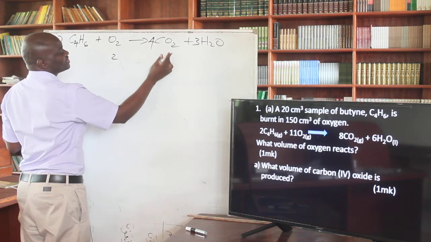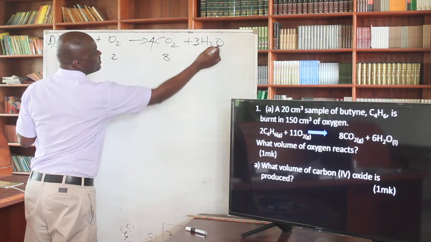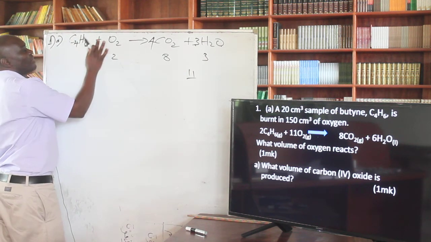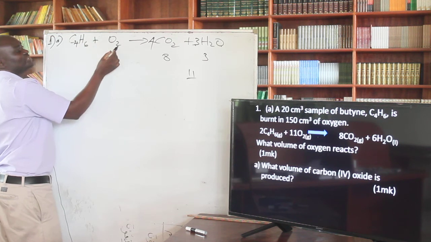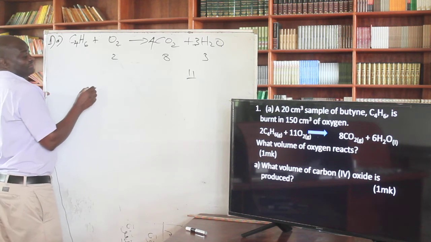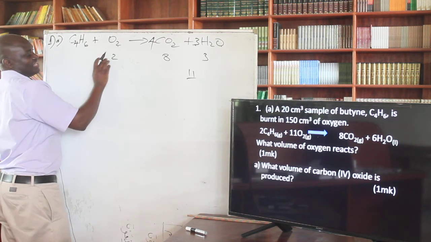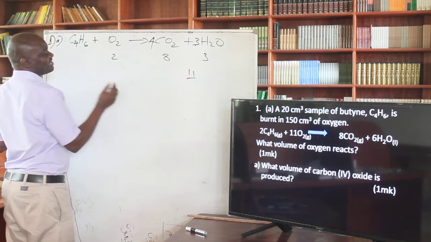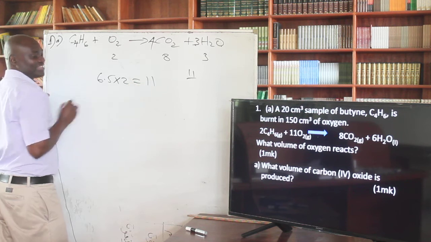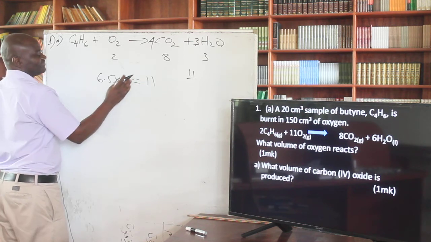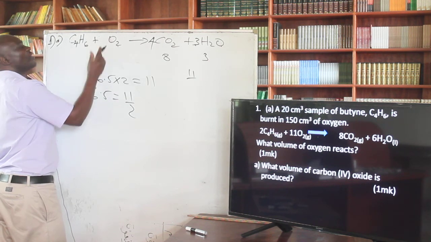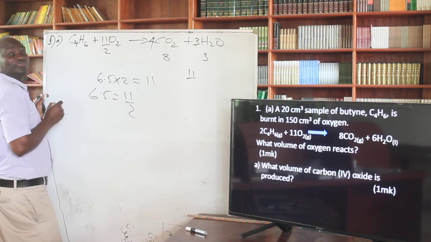That side we have 4 times 2, 8, and 3 times 1, 3. These are 11. Which number, when multiplied by 2, gives 11? It is 6.5, which is the same as 11 over 2.